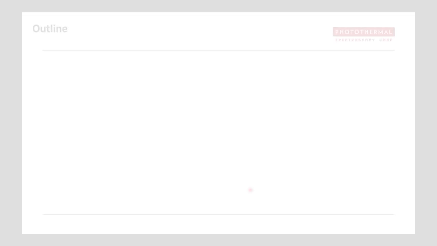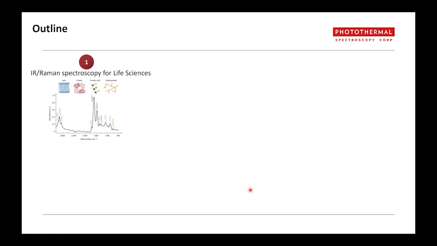This particular webinar is going to be a little bit different in that I've added some extra background information for those of you who may be new to spectroscopy. I know that these webinars often have a lot of new attendees come along. So in the first couple of slides, I'll give you some background as to why one might do infrared and Raman spectroscopy for the life sciences.